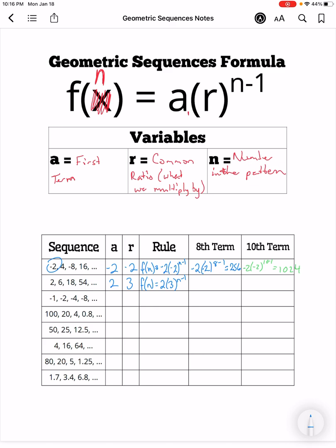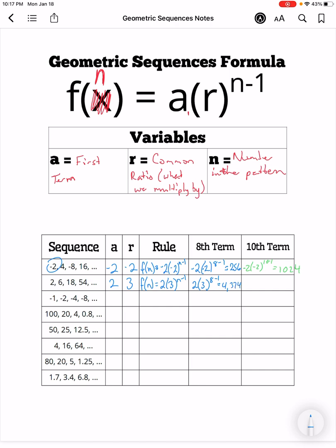So if I were doing that for my 8th term, it would be 2 times 3 to the 8 minus 1. That would give me 4,374.